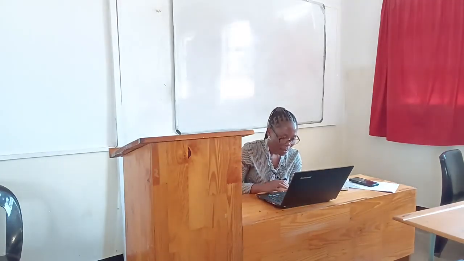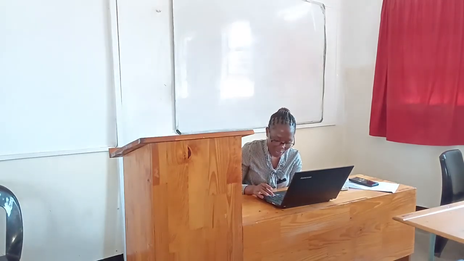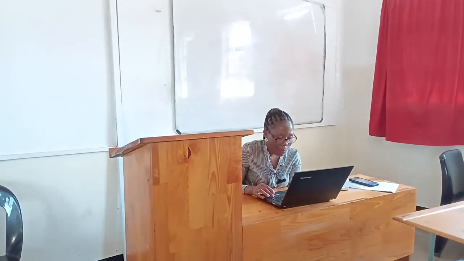So the steps in EIA: we have preliminary activities. We will look at each one of them separately later. Just listing them, the steps include preliminary activities, impact identification, baseline studies, impact evaluation, then mitigation measures.